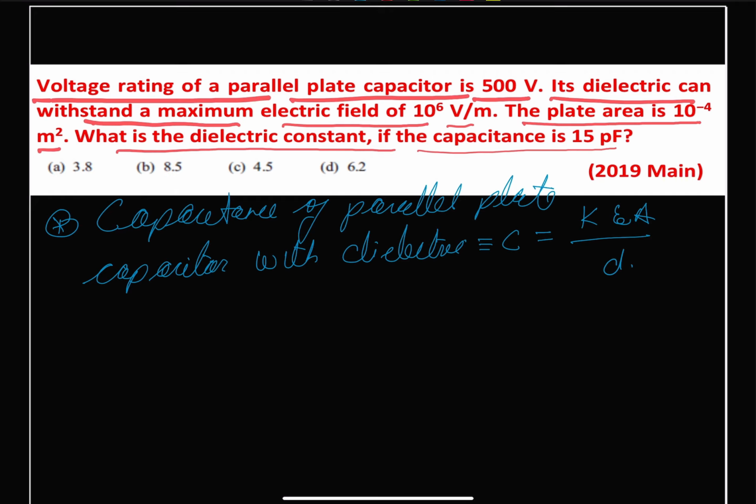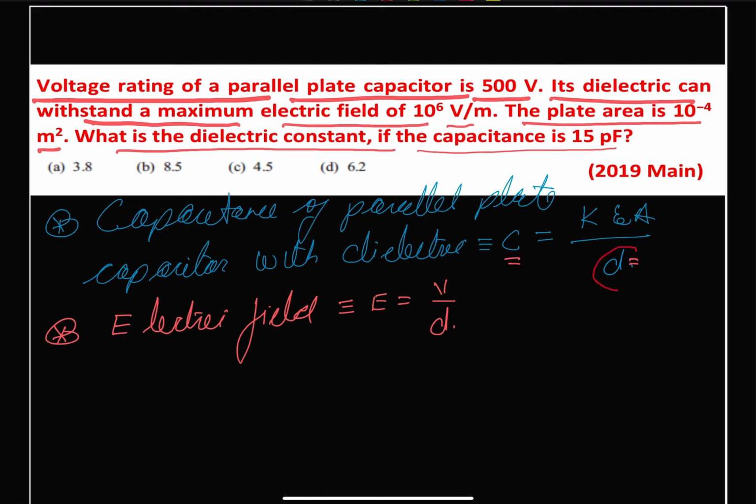Electric field is also given to us, so we also know that our electric field between the plates of the capacitor, that is E, is equal to V upon D. In this capacitance equation we have to find out this particular D, which we are going to get from this equation.